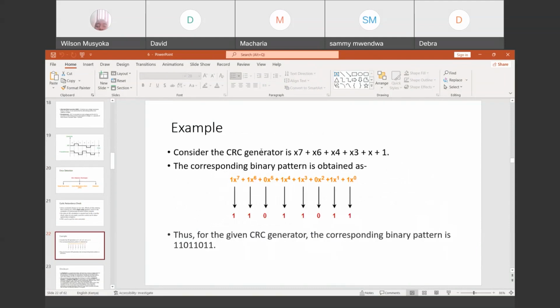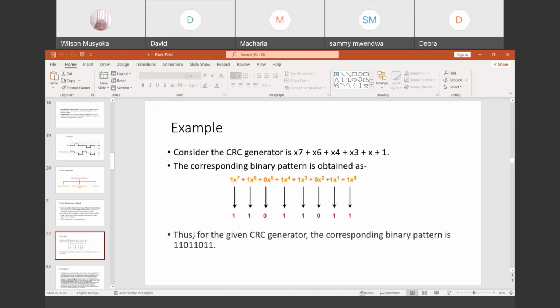Consider a generator is x^7 + x^6 + x^4 + 1. This is how the bits have been encoded. So once they have been encoded like this and they have been multiplied this way, whereby this one is going to be multiplied by the power of 7, the power of 6, the power of 5, 4, 3, 2, 1, and 0.